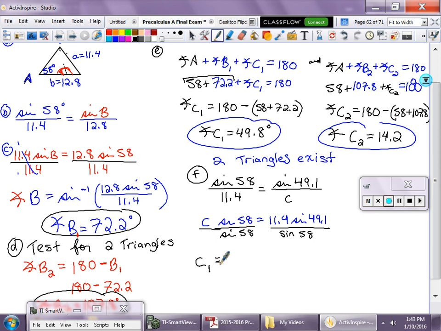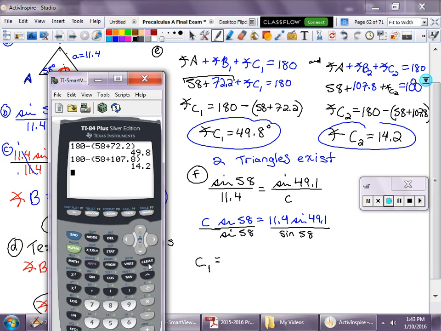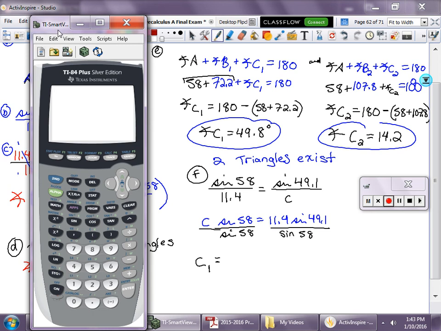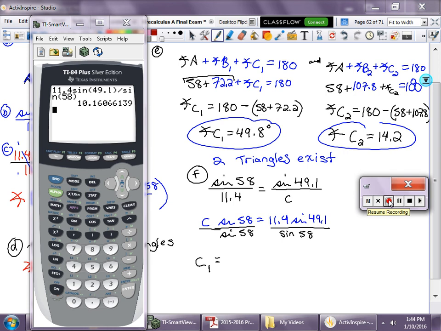Okay, and let's put this out clear. 11.4 sine of 49.1. Okay, some drama going on here. Okay, I had to reset the calculator. And this is what we have.